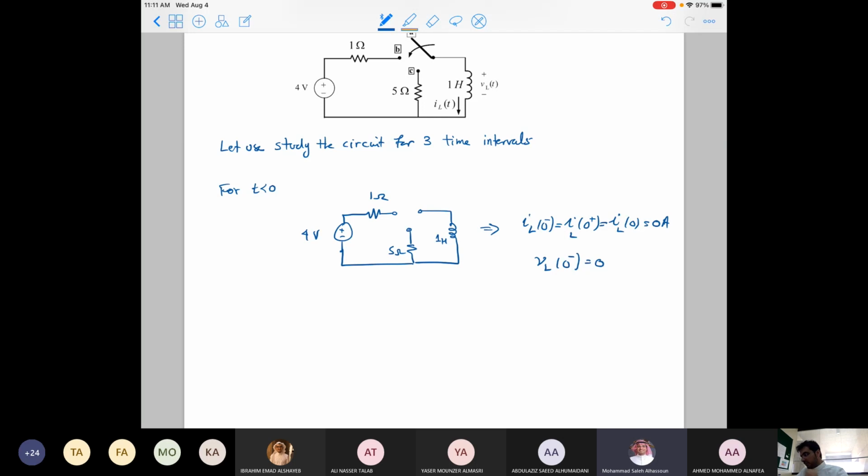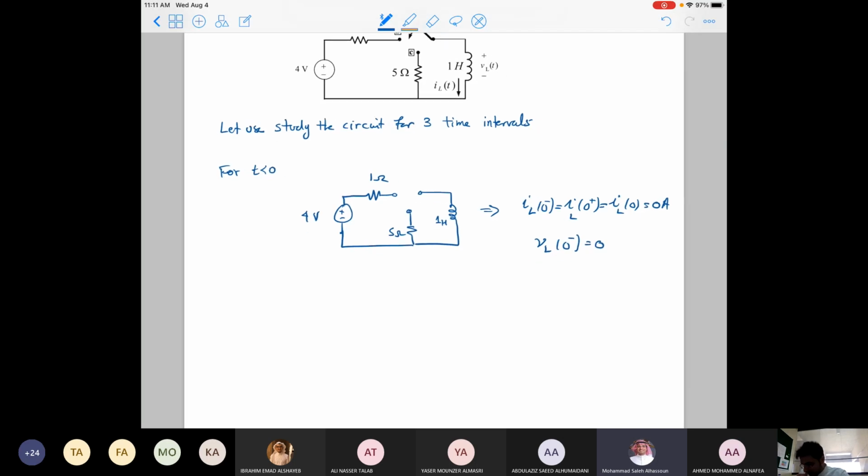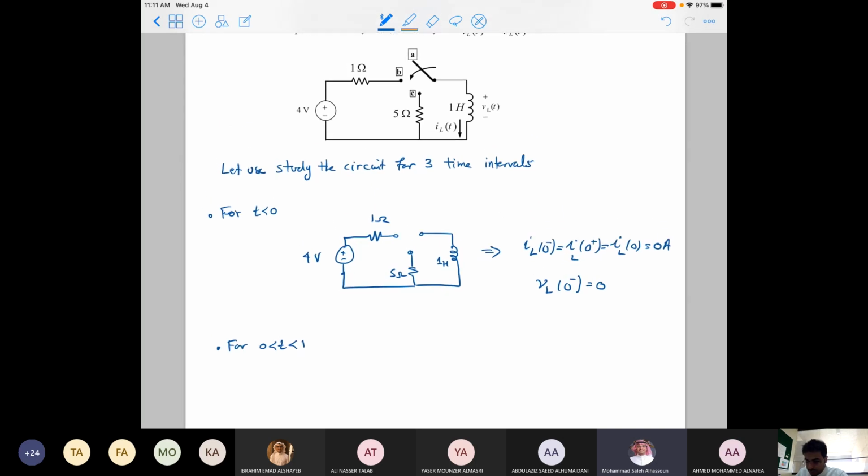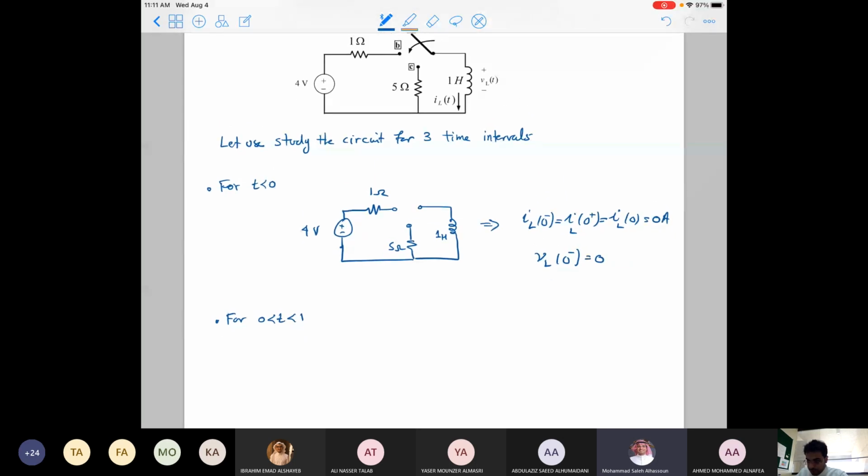Okay, this is interesting. So now let's move to the time interval between t equals 0 and 1. Let's see what we have in here. The circuit will look like this, as the switch moves to position B. So the 5 ohm resistor is out of the picture here.